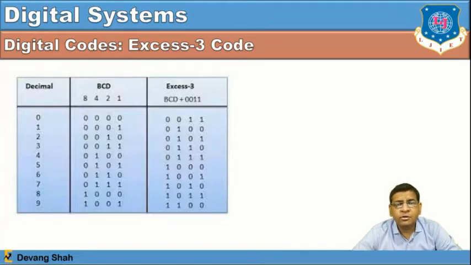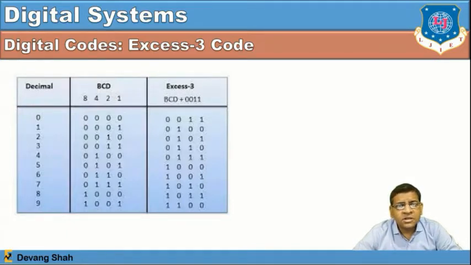You can see here, from a decimal number 0, in BCD form you represent it as 0000, right? But in excess 3 you have to add plus 3. So in binary form you have to add 0011. So to the BCD code 0000 you have to add 0011. So you have to add plus 3 to the corresponding individual digits, right?